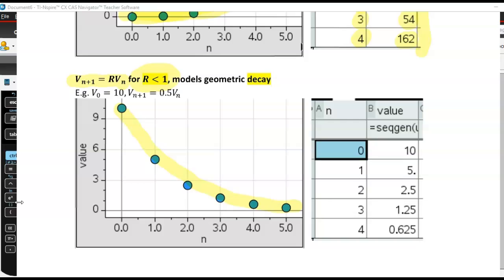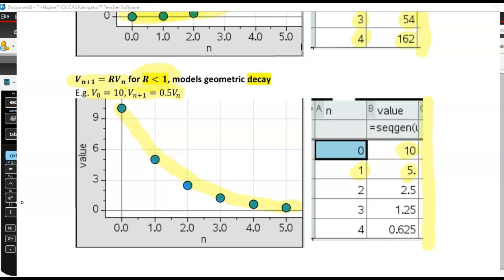it decreases. So here I've got V0 equals 10, Vn plus 1 equals 0.5 times Vn. And here's my table of values. So start off at 10. Then n increases to 1, so we've got V1 is equal to 5.